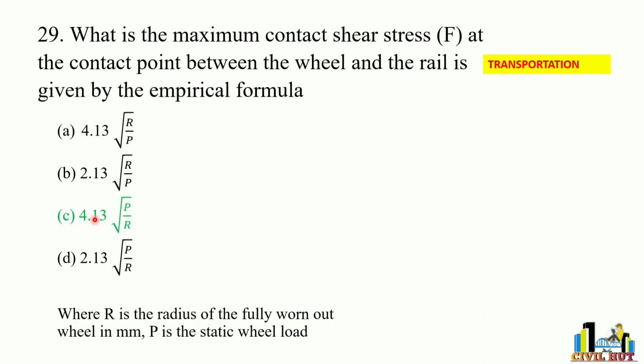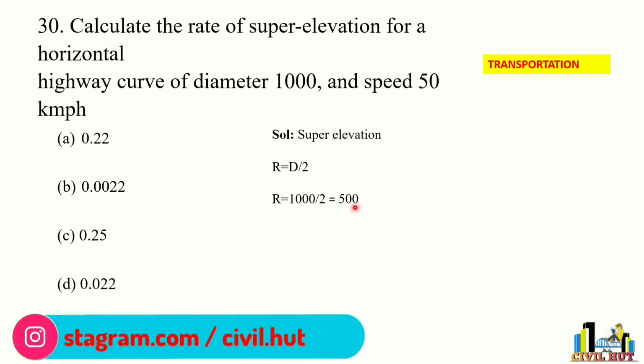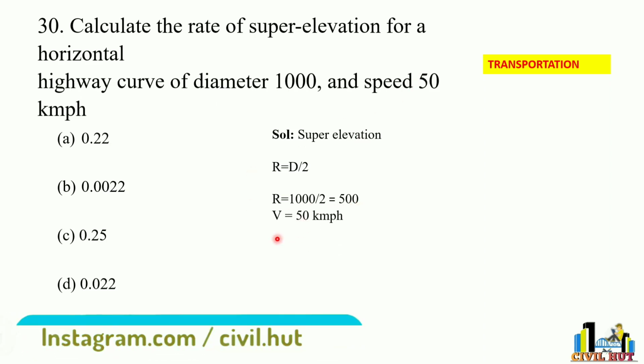Remember this. Next one is to calculate the rate of super elevation for a horizontal highway curve of diameter 1000 and speed of 50 kmph. Highway curve diameter is 1000, radius equal to d by 2, so r equal to 1000 by 2, 500 meters. Next, v equal to 50 kmph.